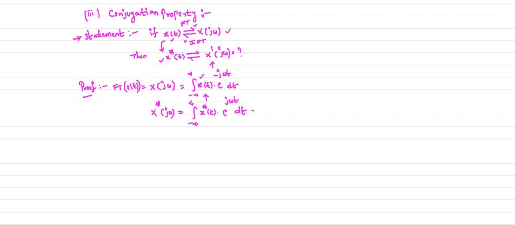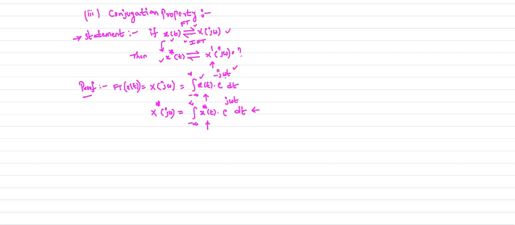I want to represent this in the standard formula. For that, here the signal is x conjugate of t. So if I want to find the Fourier transform of x conjugate of t, here I want minus j omega t, because in the formula we have e power minus j omega t, but here e power j omega t is there.